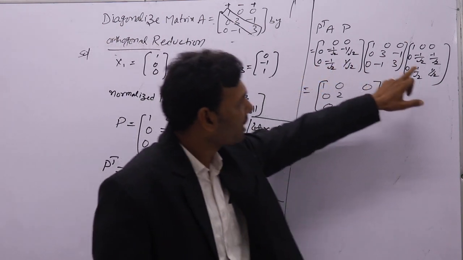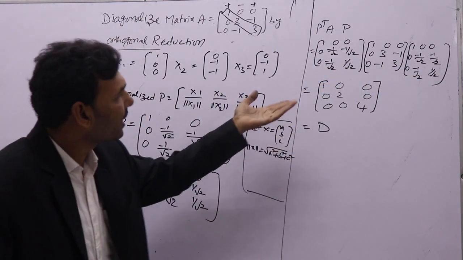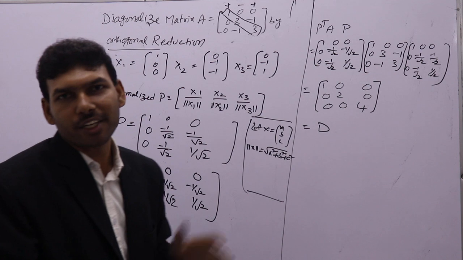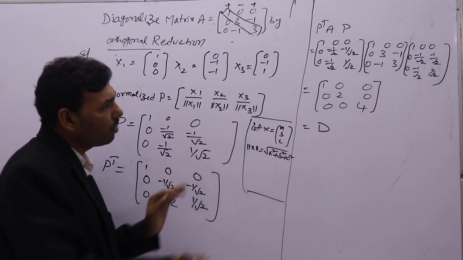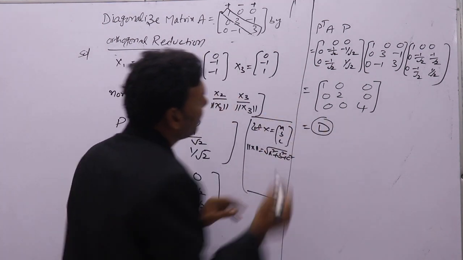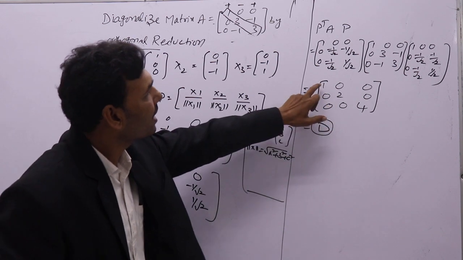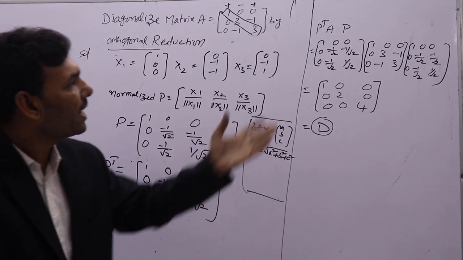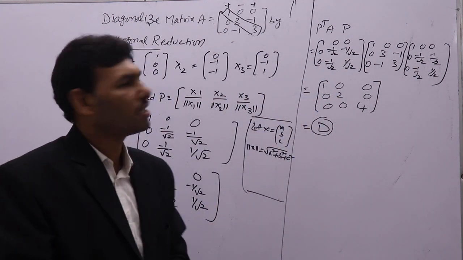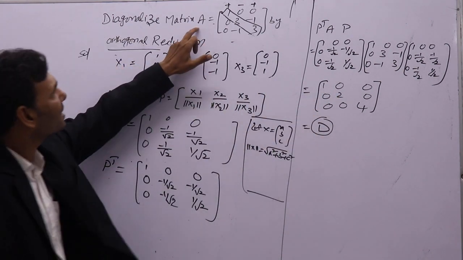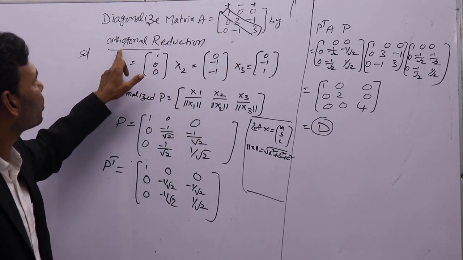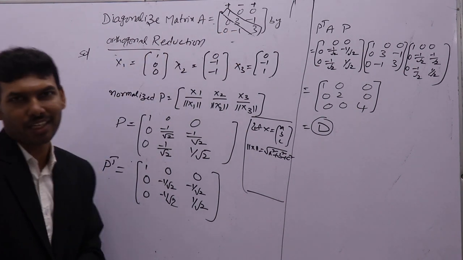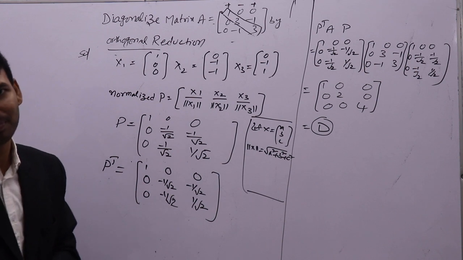No need to multiply these three. If you multiply also, you will get the same thing, but multiplication will take much time. For every problem, the diagonal matrix is the matrix which contains eigenvalues as its principal diagonal elements. So this is diagonalization of a matrix by using orthogonal reduction. Are you clear, ma?